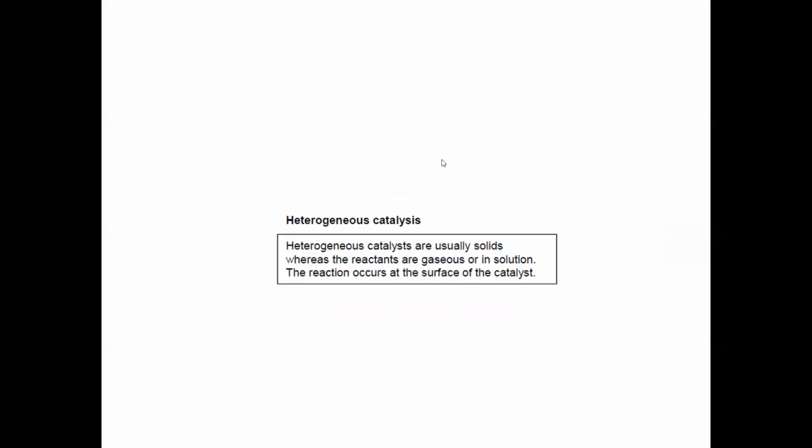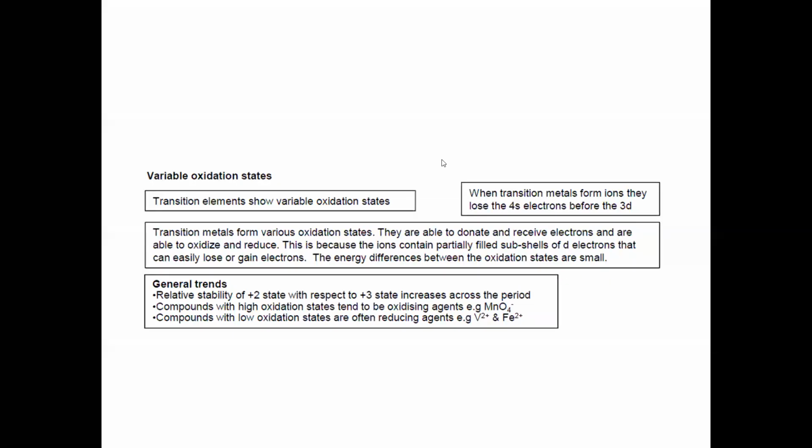So, variable oxidation state for the transition elements. As transition elements, they show variable oxidation states. As they have variable oxidation states, they are able to donate or receive different numbers of electrons, and they are able to oxidize and reduce. What is the reason?